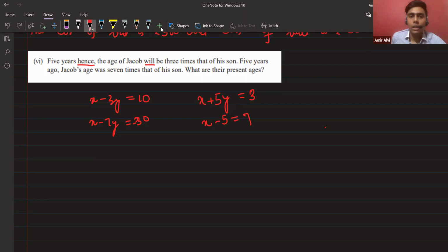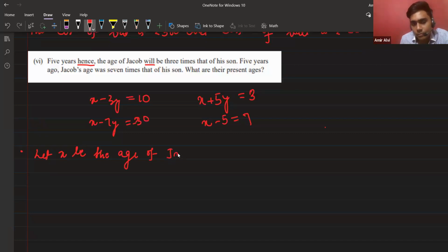Will be 3 times that of his son. Let's take this. Let x be the present age of Jacob, and y be the present age of his son. Write down the word present as well.